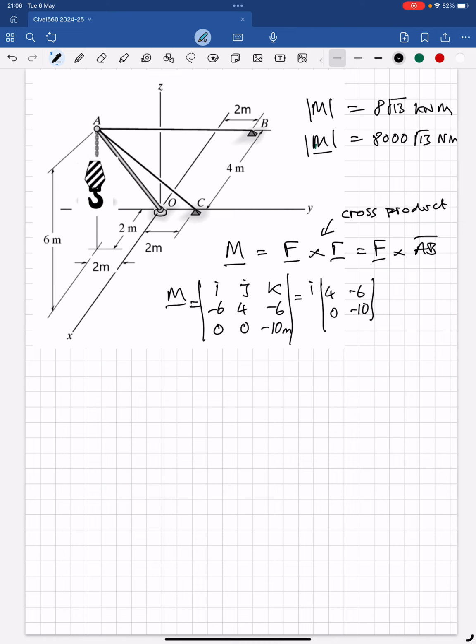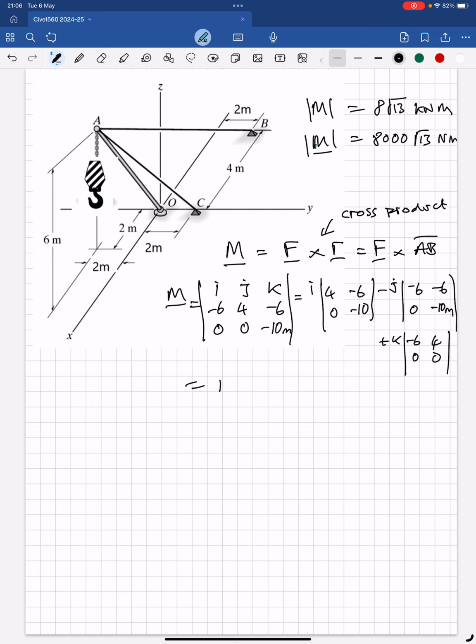Just do a quick check. Yep. Minus j times the determinant of minus 6, 0, minus 10m, plus k times the determinant of minus 6, 4, 0, 0.